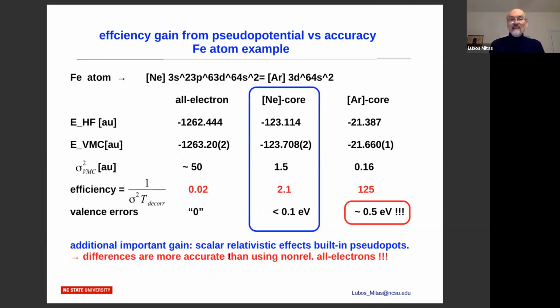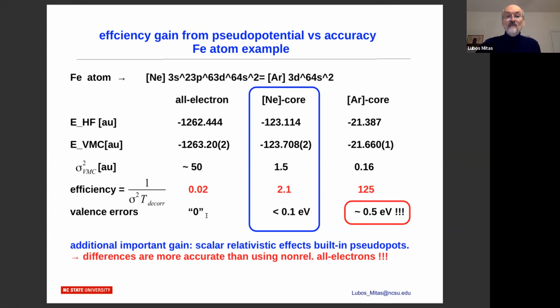Now, what do we gain here? And that's an important point actually to look at. I have chosen the iron atom, which has both deep core, semi-core states, and of course the valence. And now you see here these three columns with the total energy in Hartree-Fock, VMC, fluctuations, efficiency, which is the inverse of the fluctuations and the decorrelation time, and the valence systematic errors which you incur using an effective Hamiltonian instead of the original Coulomb Hamiltonian.